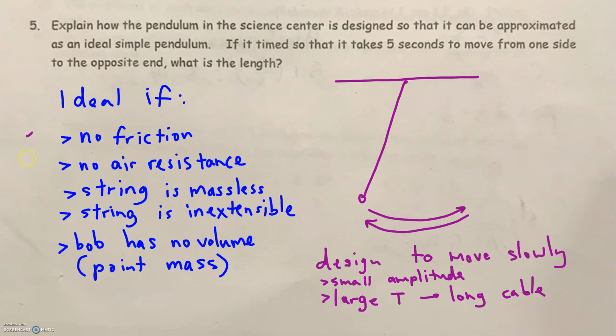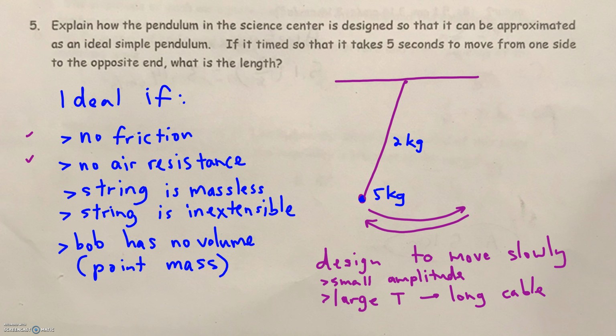Okay, so we've got this and this. The string is massless. Well, that's easy, right? We're going to use a cable, probably, and let's say the cable has a mass of 2 kilograms. If you put at the end 5 kilograms, make the bob 5 kilograms, well, this does not seem so massless, does it?